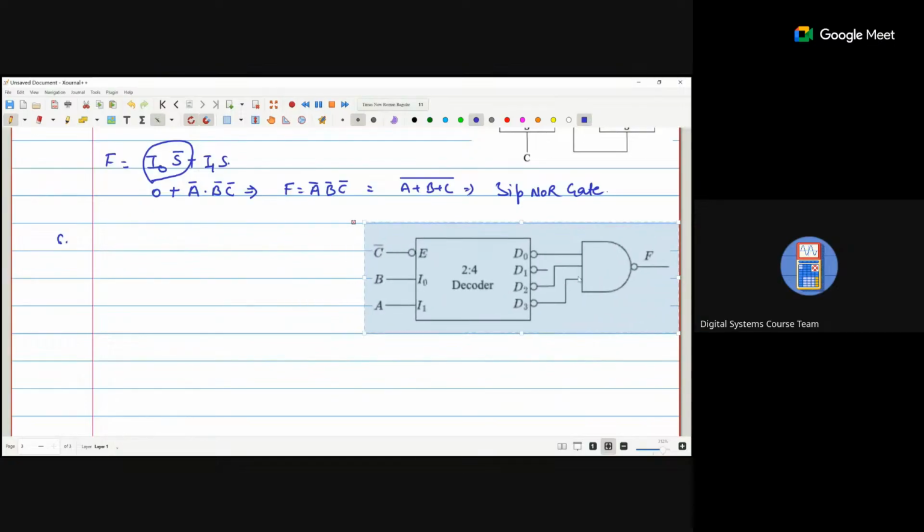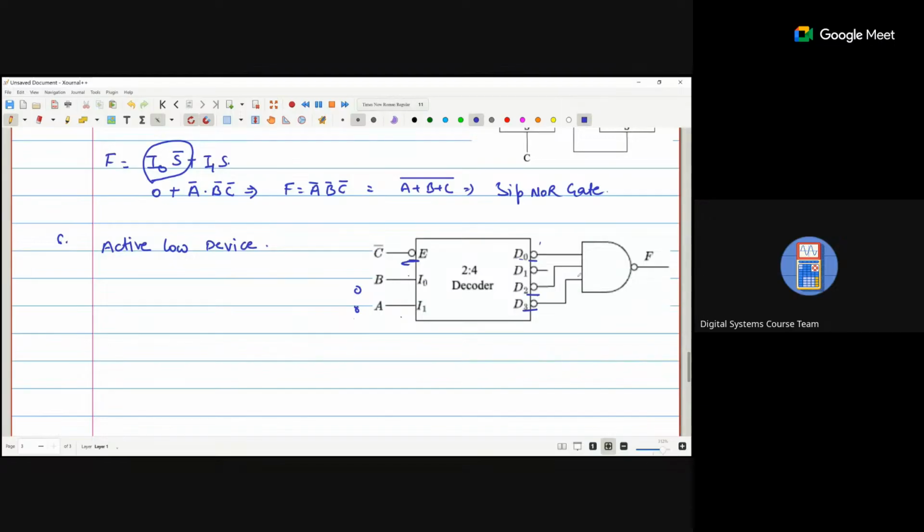Basically, if you see this particularly, these bubbles make this an active low device. What is the meaning of active low device? Normally, according to A and B, or basically I1 and I0, if we apply 0, 0, we know that D0 is 1.